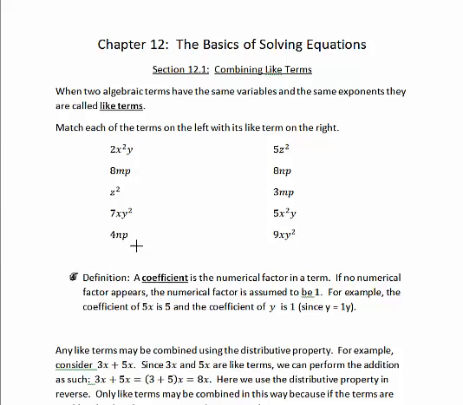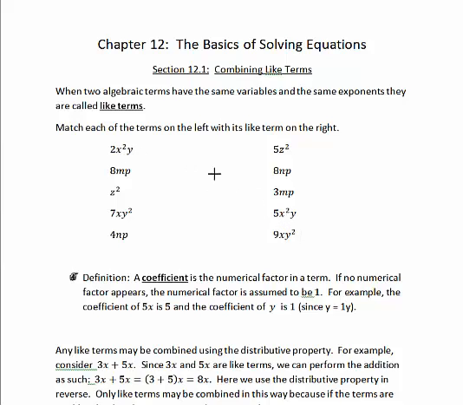On the left column, and we're matching left with right. The first term that we run into is 2x squared y. And we look down the list on the right, and here we have a 5x squared y. They both have an x.